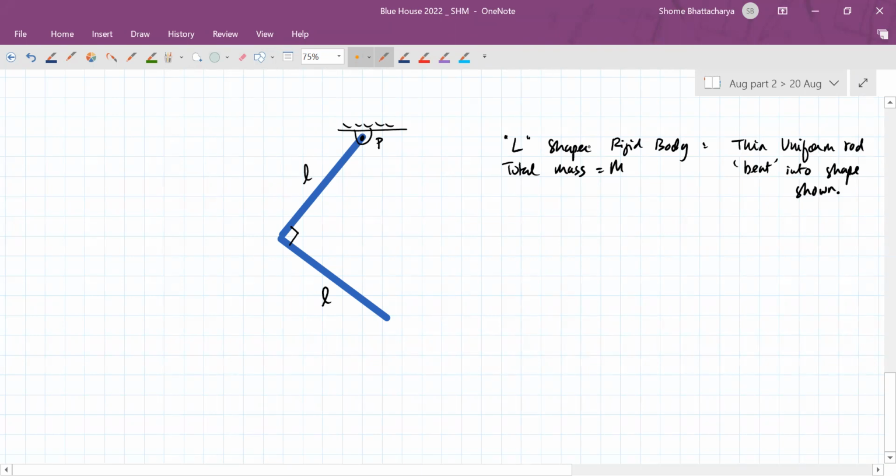This L-shaped rigid body is hinged, so it can rotate freely.